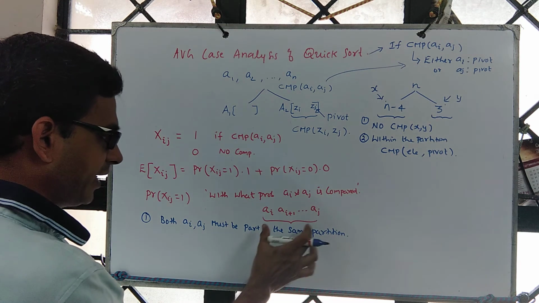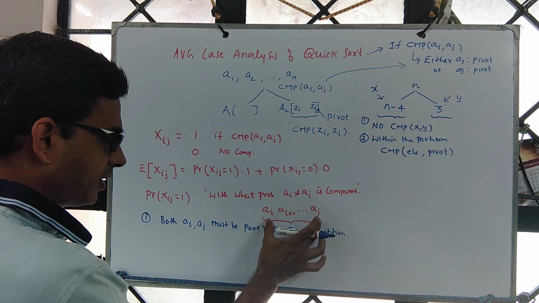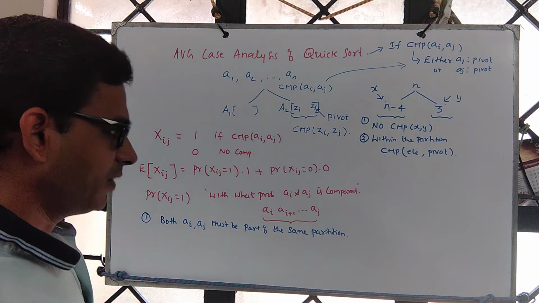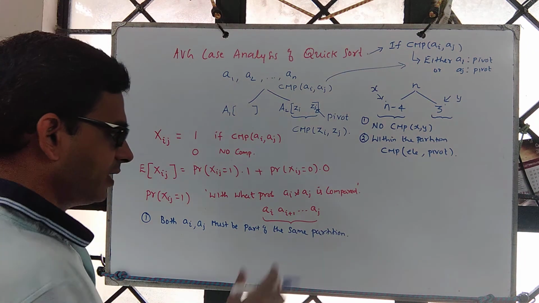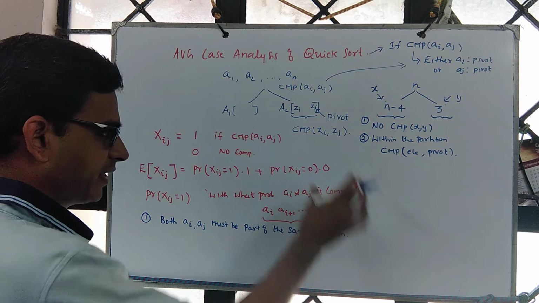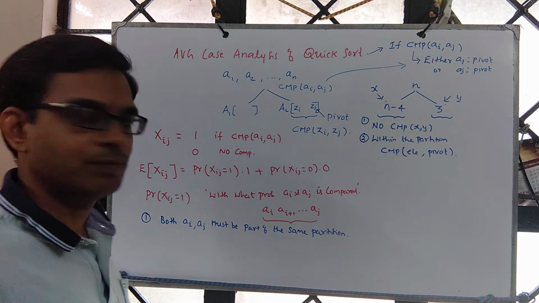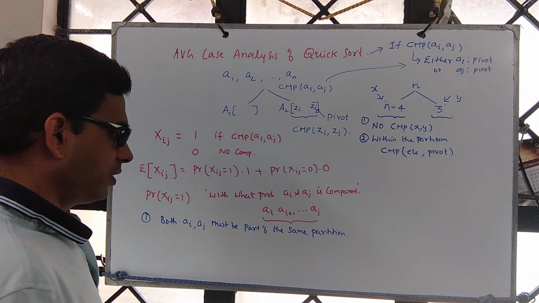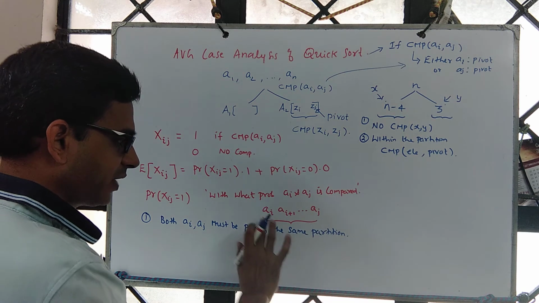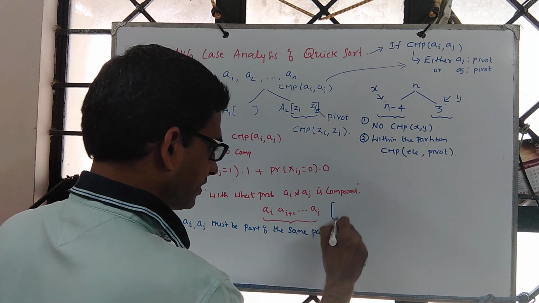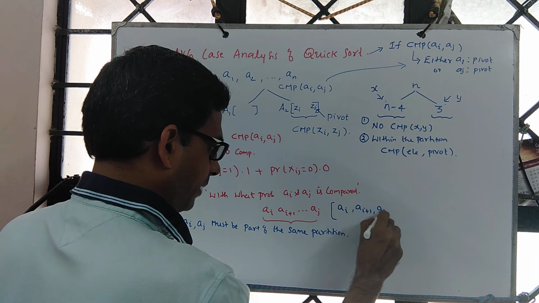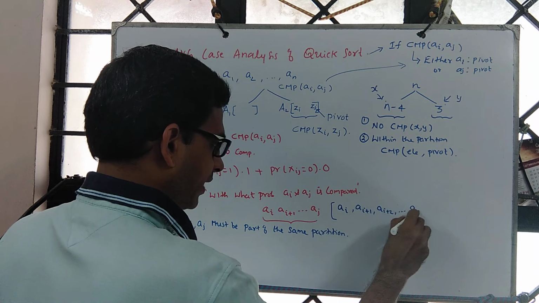So which is why I've taken the partition containing Ai and Aj, and there will be other elements, right? There will be other elements, they can appear in some order. We don't know, right? Because when we get the partition, they can appear in some order. So just for analysis purpose, I am arranging the partition in such a way that it is Ai, then Ai+1, then Ai+2, and so on up to Aj.